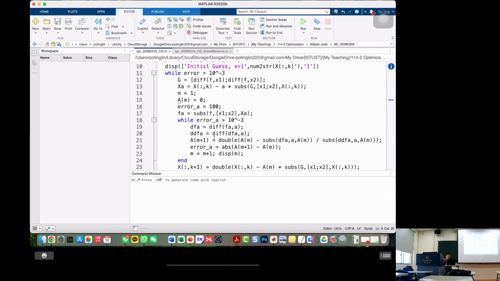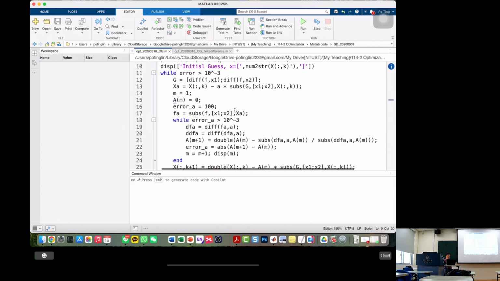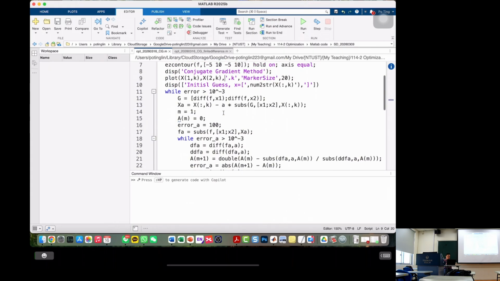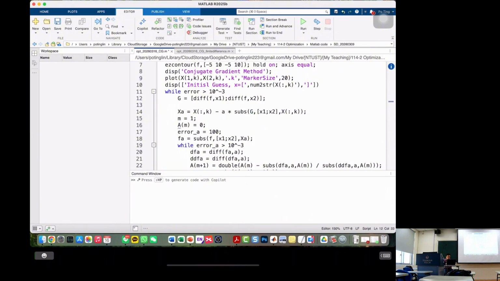Whenever I compute g, that's my gradient, I'm going to have a short-term memory called previous g.